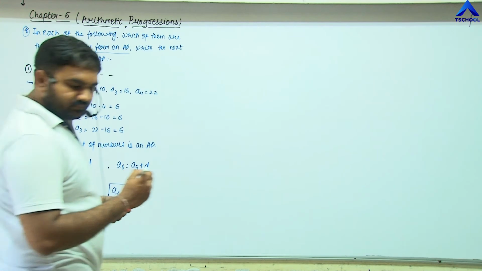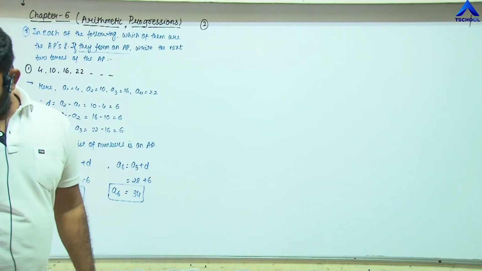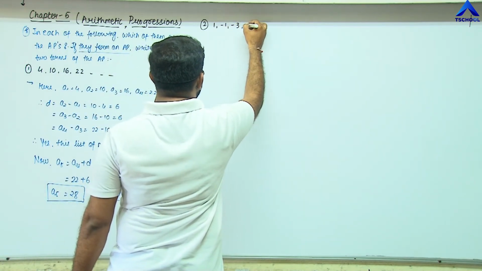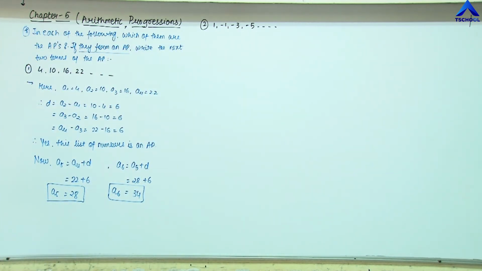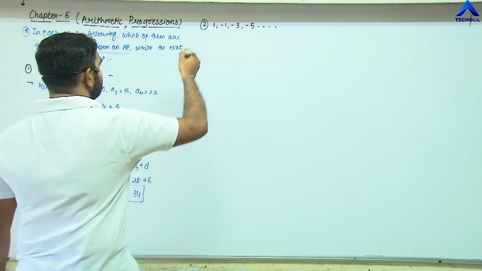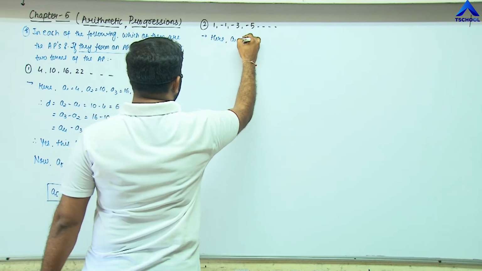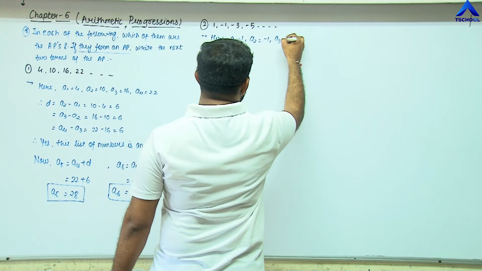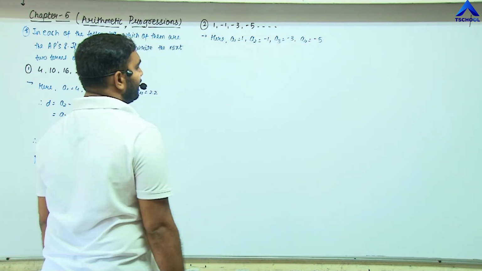One more, the second question: 1, minus 1, minus 3, minus 5 and so on. Here a1 equals 1, a2 equals minus 1, a3 equals minus 3, and a4 equals minus 5.